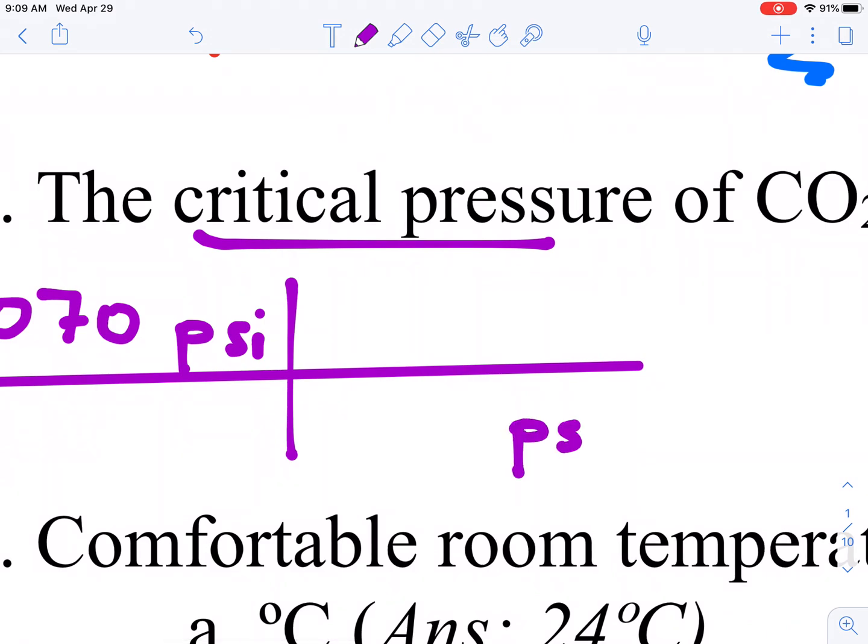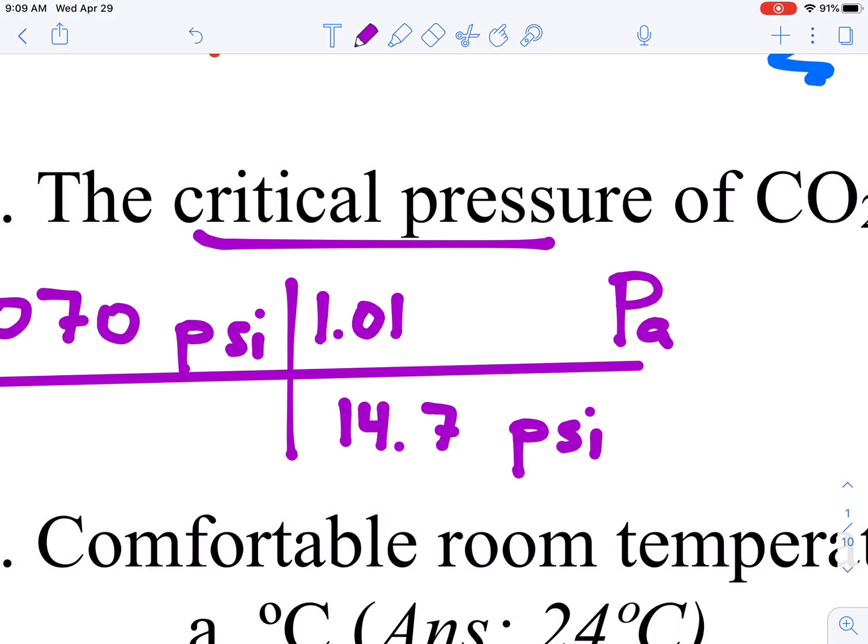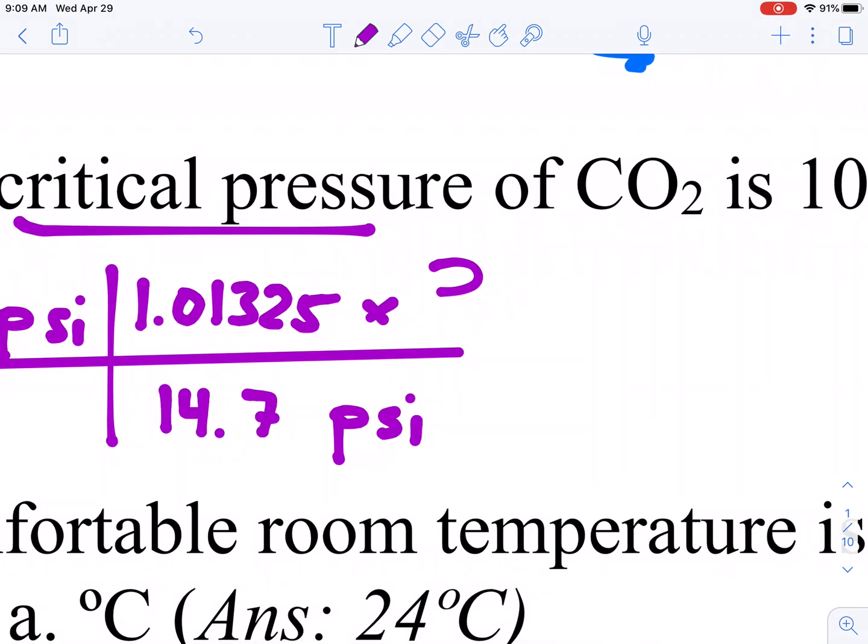So there is a relationship between psi and pascals, and you'll notice in your table that 14.7 psi is equal to 1.01325 times 10 to the fifth pascals. And so we can do that math, right?